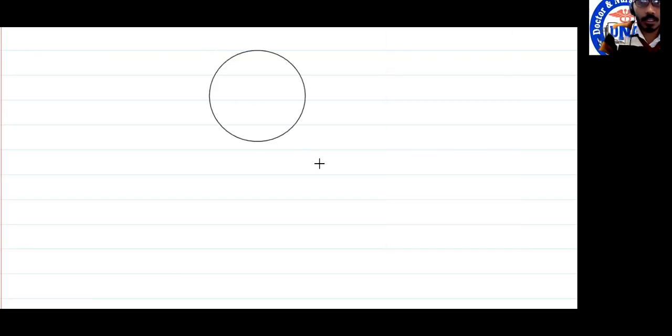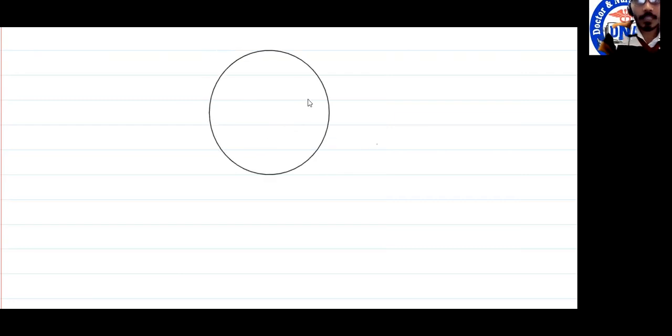What is the meaning of radian? Can anyone tell me what is the meaning of radian? See, this is a circle, and let us suppose this is the center.